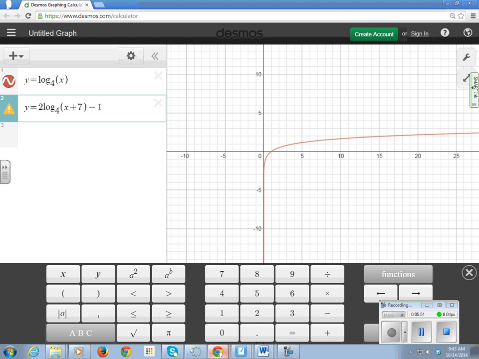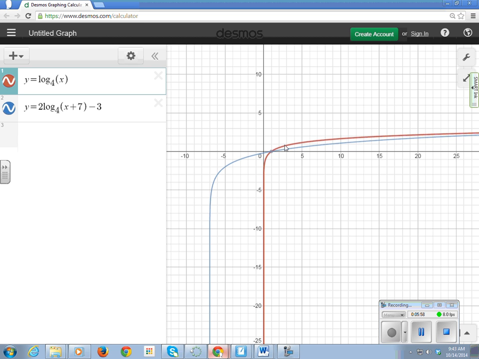And how many units? 3. So we just took this red function, we did a vertical stretch of 2, we moved it 7 units left and 3 units down. So that's the parent function relationship.